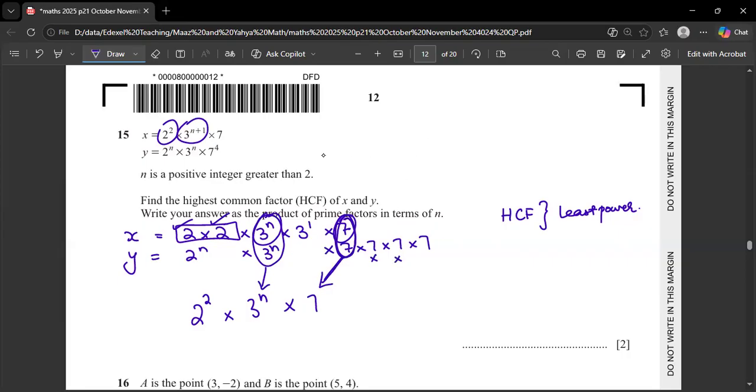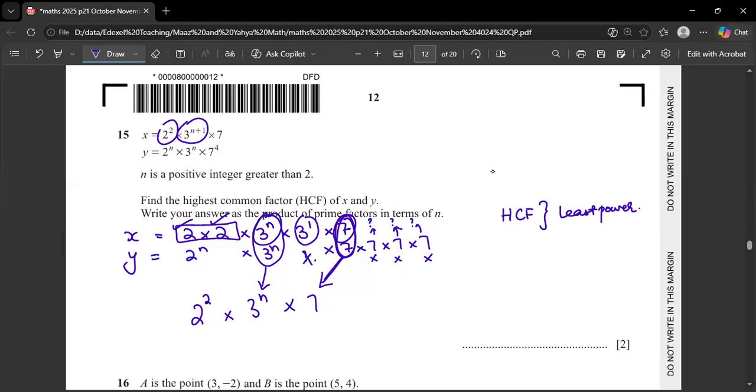This is not common, this is not common, this is not common, because we are not getting any pair over here, right? Okay, therefore we cannot include these 3 sevens, okay? And this 3 to the power 1, again, it is not common, we can't find the pair of 3 to the power 1, therefore we are not going to include it here, right?